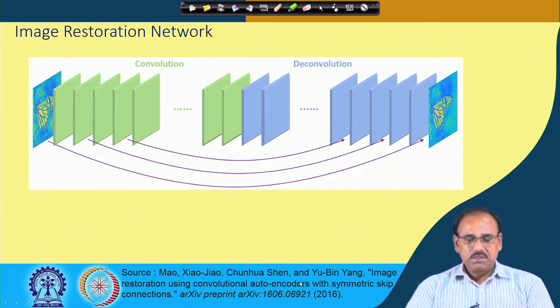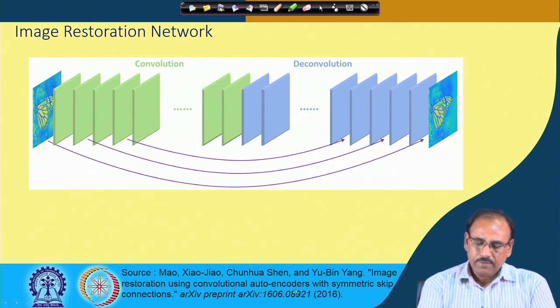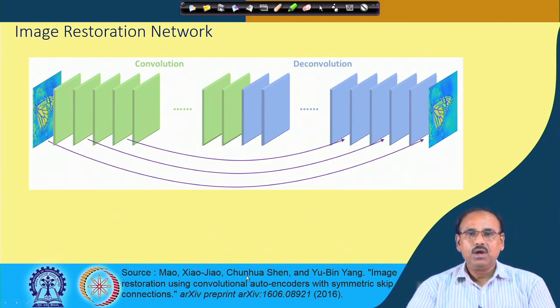A neural network has been suggested by the authors of this paper, which is an image restoration network. It is a deconvolution network where I have arrays of convolution layers followed by a set of deconvolution layers. And this particular network also makes use of the concept of skip connections.